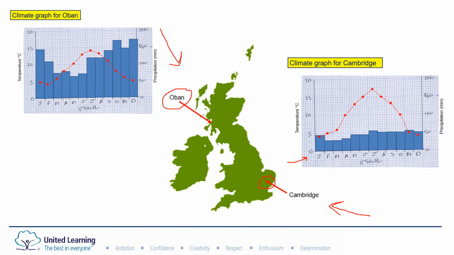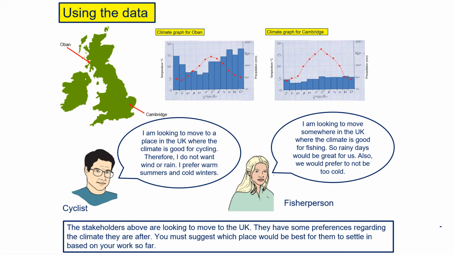So Oban has polar maritime air masses that come in, and that means it brings in colder, wet weather, whereas Cambridge has tropical continental, and this means it brings in warmer and drier weather.